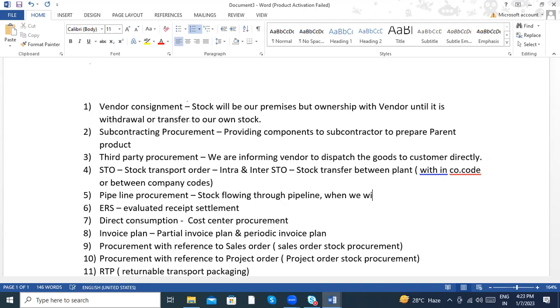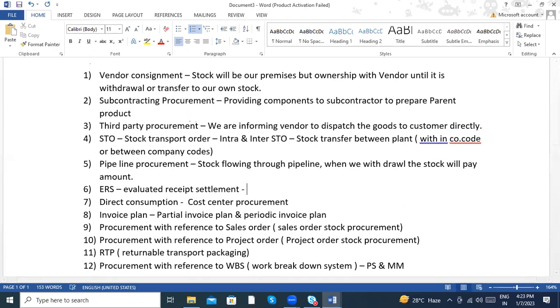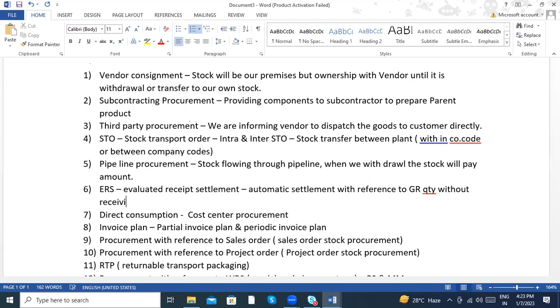When we withdraw the stock, we pay the amount to the vendor. Evaluated receipt settlement is automatic settlement with reference to the GR, without receiving any invoice.